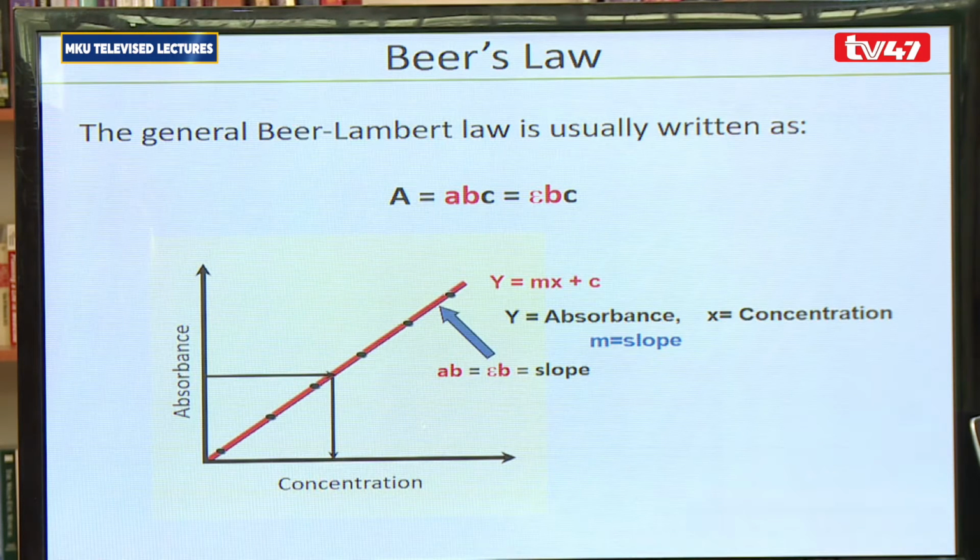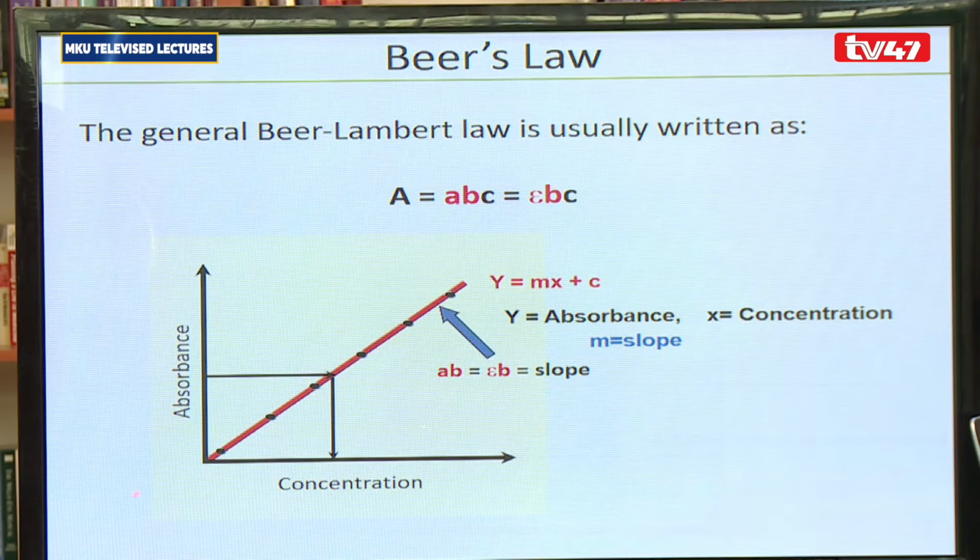And as you can see, we can plot absorbance against concentration for a set of standards, and you get a linear relationship with an equation of the line in the form y equals mx plus c. m is the slope, of course x is the concentration of the standard that you are plotting, and c is the intercept.